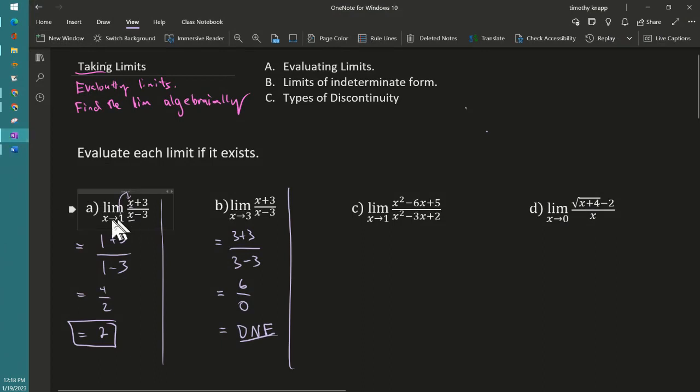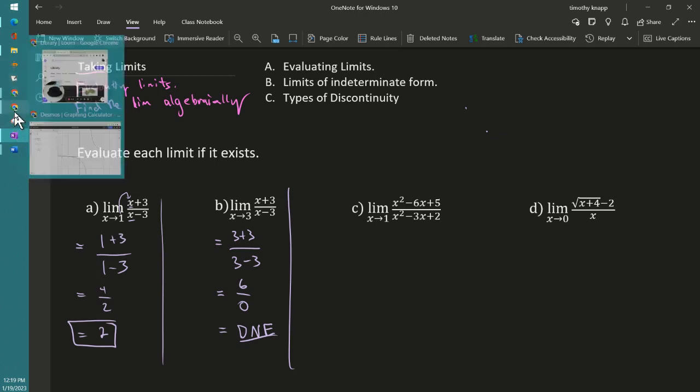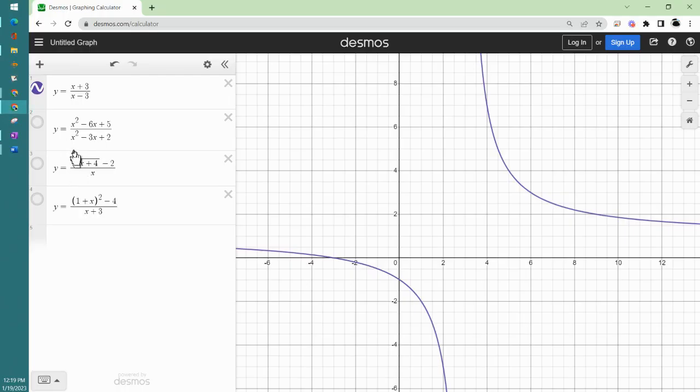Oh, no, I didn't approach 2. I approached 1. So the limit as x approaches 1 is 2. Okay? So let me see where that function is. It should be here. So it's x plus 3 over x minus 3. And as I approach 1, my limit is negative 2.